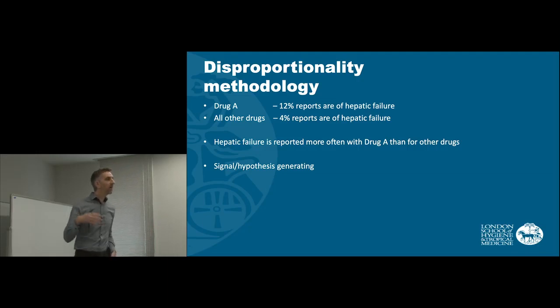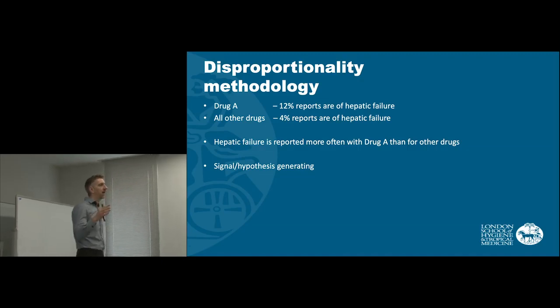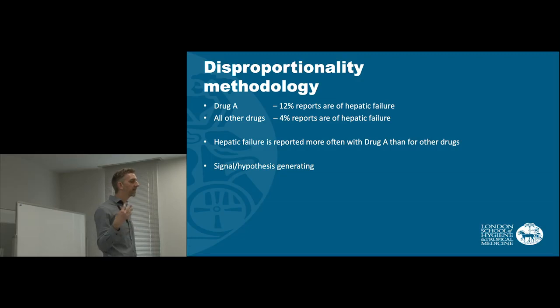So if within our wider database only 4% of cases are for liver failure, the implication is that liver failure is being reported more frequently with drug A than it is with all other treatments. And we would then say, this is something that should worry us.